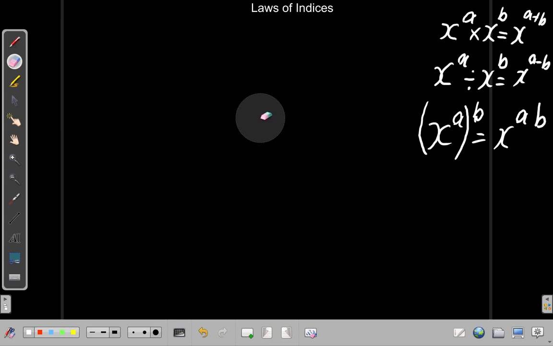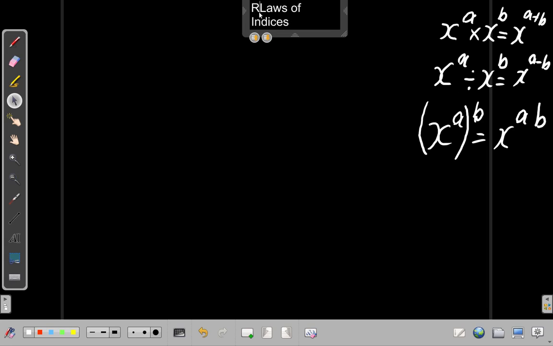We want to look at some results from these laws of indices.